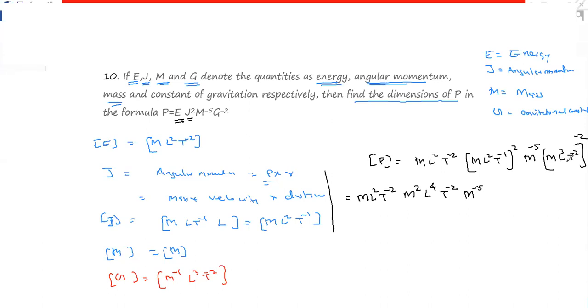M raised to minus 2, L raised to 3 all raised to minus 2 means L raised to minus 6, T raised to minus 2 whole square is T raised to positive 4, which is equal to M cube.